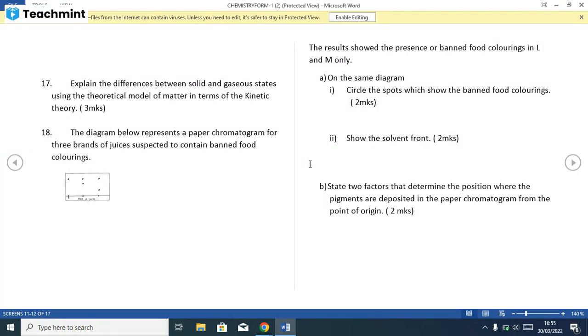17. Explain the differences between solid and gaseous states using the theoretical model of matter in terms of kinetic theory.